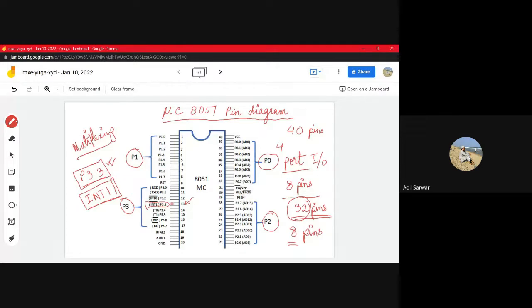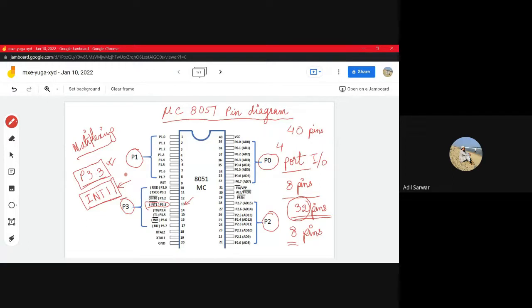So this particular pin 13 can act as an IO port, and it can act as an interrupt pin also, and definitely not both at the same time.